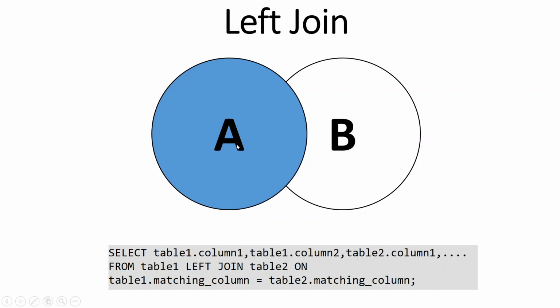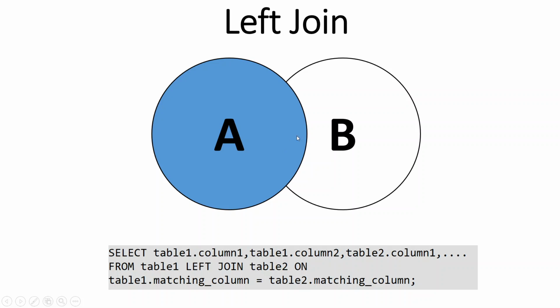Left join is going to display all the records that we have in A basically. There might be a few records which also intersect with B, so B is going to have that intersected part also. So it is going to display all the records that we have in A, and for the records that do not match in B, it is going to show null values.